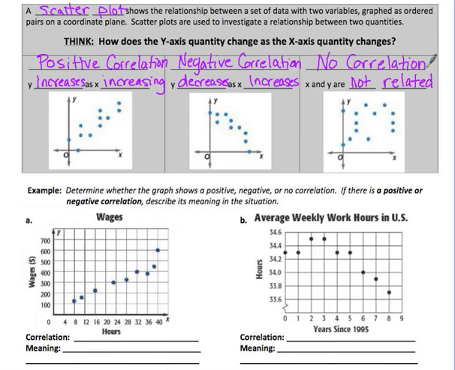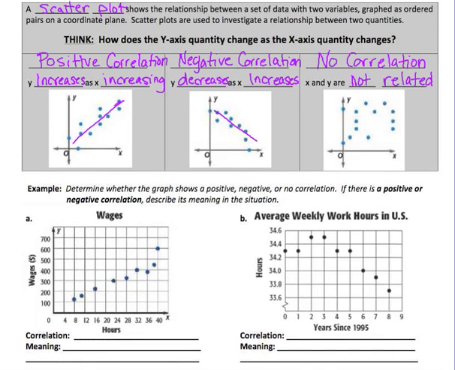Nothing really to memorize, just make sense of the points. As y increases and x increases, I see a positive line. This one, as my x increases, my y is decreasing, and it looks like a negative slope. This one, I've got dots all over the place. I can't make a clear line, so it's just no correlation.